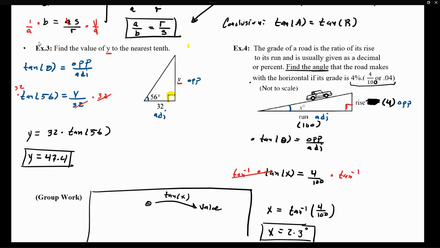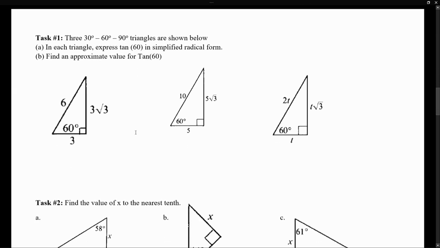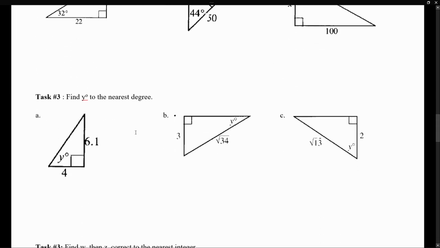For any tangent of x, if I plug in an angle, it gives me a value. Well, for the inverse, we plug in a value and it gives you an angle, which is exactly what we were looking for here. Let's just do one more example when it comes to finding angles.